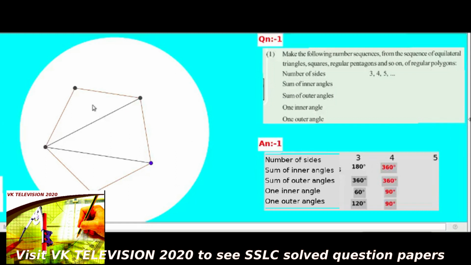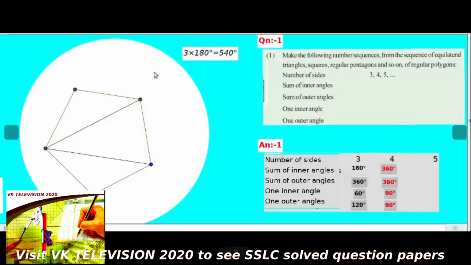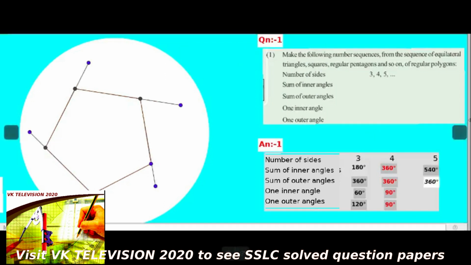So what is the sum of the inner angle is equal to 3 into 180 is equal to 540 degree. Then what is sum of the outer angles? Sum of the outer angles is equal to 360 degree. Then we have to find out one inner angle. What is one inner angle?